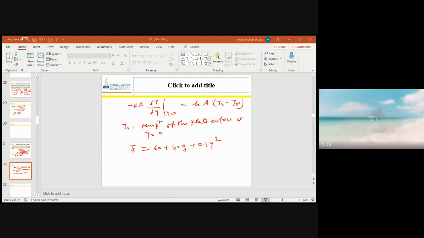So using these values, dT upon dy at y equal to 0, just compare, minus 40, this is the thermal conductivity, into 40 degrees Celsius per meter. This is the temperature gradient, and minus 40 watt per meter Kelvin.